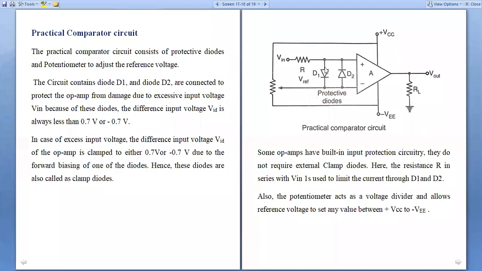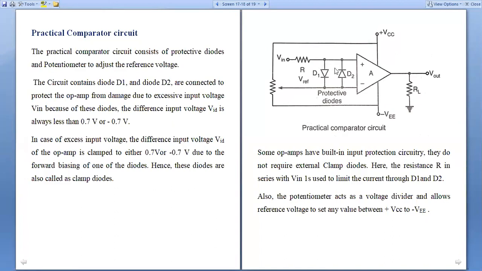In the second case, if any excess current comes through the input terminals, the operational amplifier will forward bias one of the diodes.